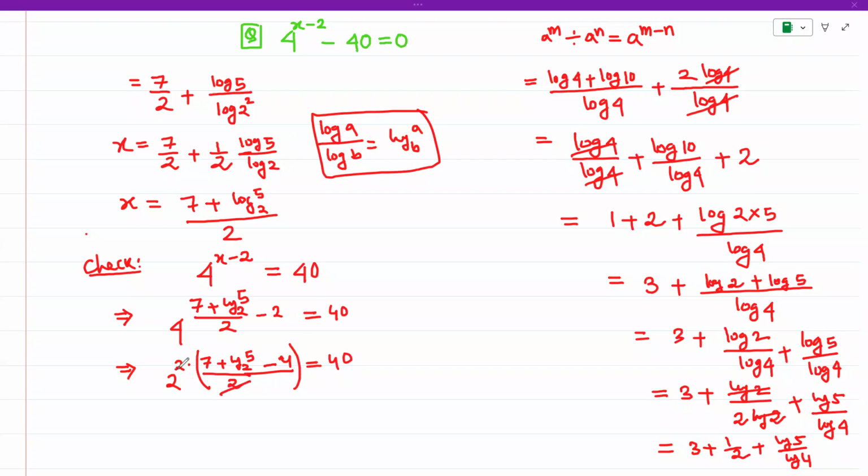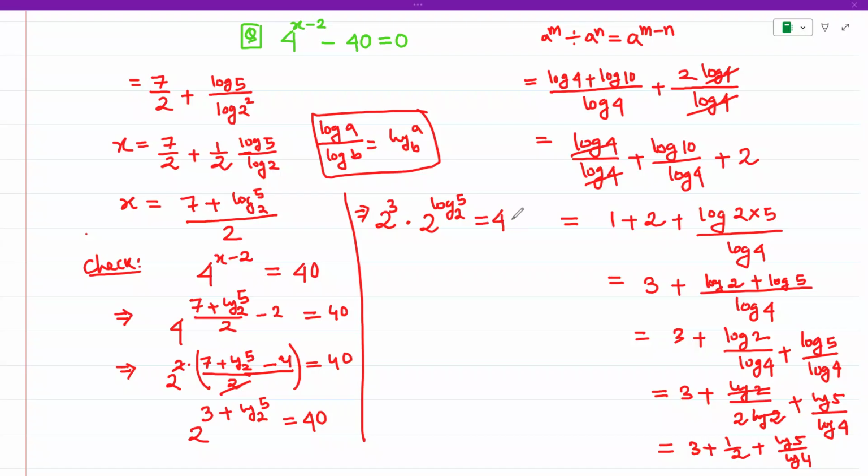Now these two we can cancel that. So 2 power of 7 minus 4, which is 3, plus log base 2 of 5 equal 40. So we can write that 2 power of 3 times 2 power of log base 2 of 5 equal 40.